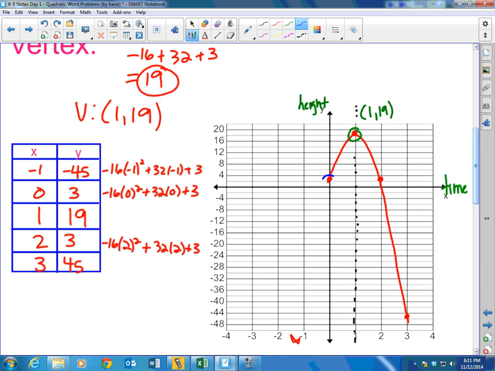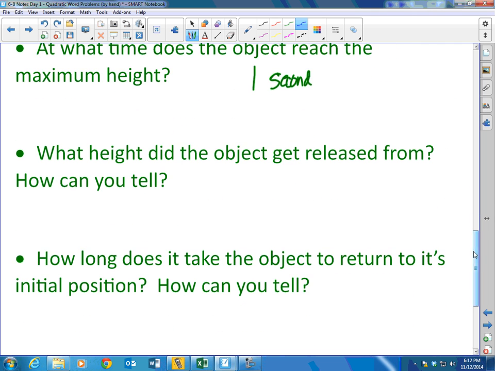This is the point where it gets released, right here. Obviously, your x value is 0 at that point, and remember your y value is 3. Again, x is time, y is height. So it gets released at 3 feet. How can I tell? That's when the time is 0.